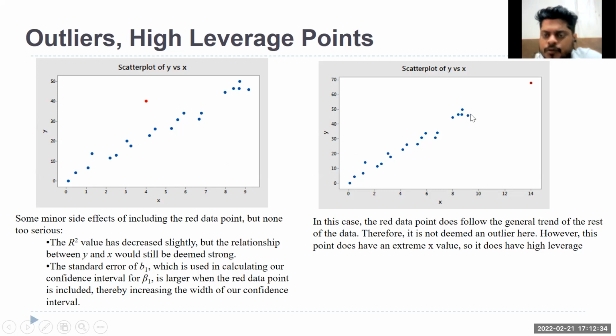For all the y values, your x ranges from 0 to a maximum of 10, but there is only one data point which has a significantly different x value. So those are known as high leverage points, right? Is the difference between outliers and high leverage points clear?